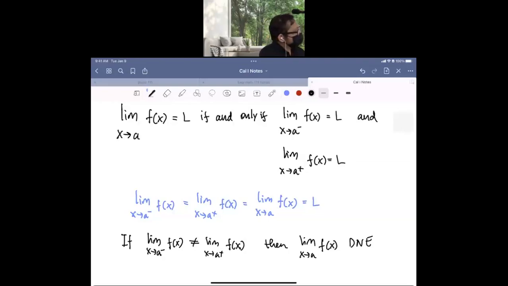So when you compute the limit, make sure you see carefully whether it's the total limit or only from the left or from the right.